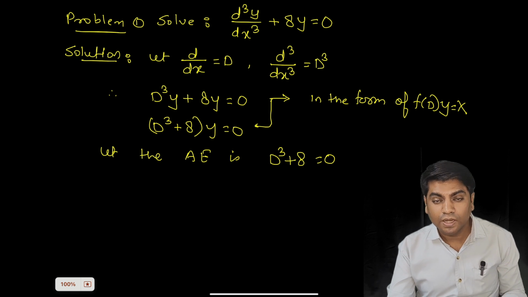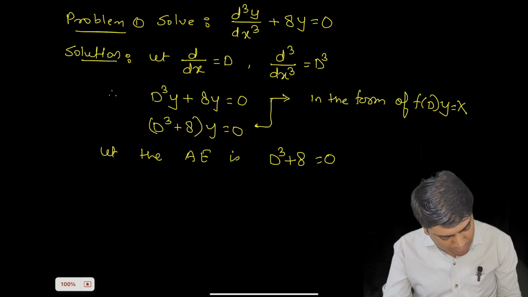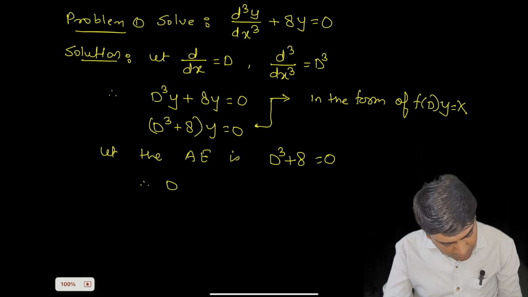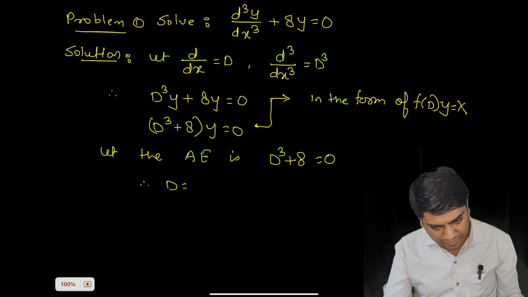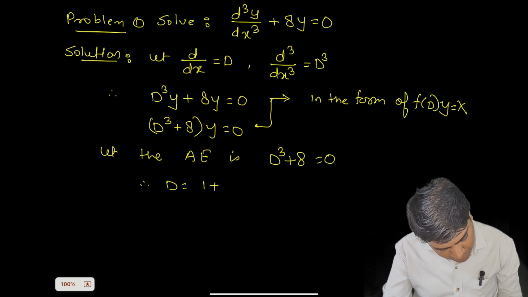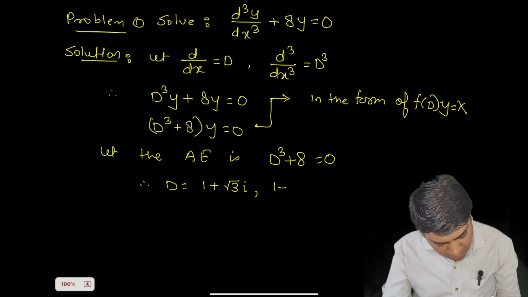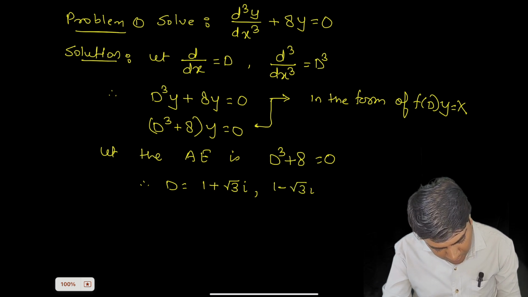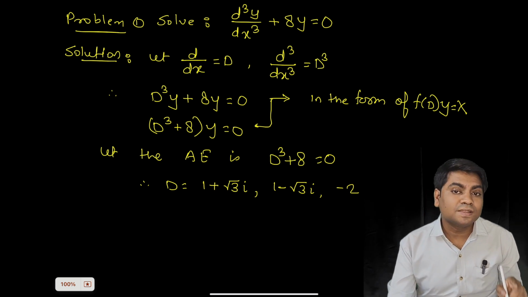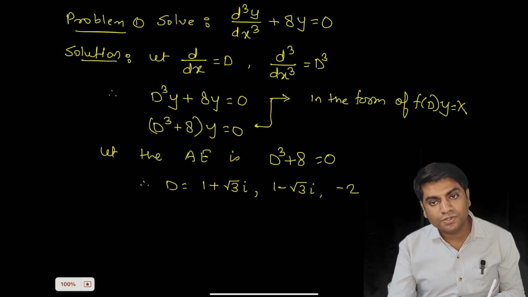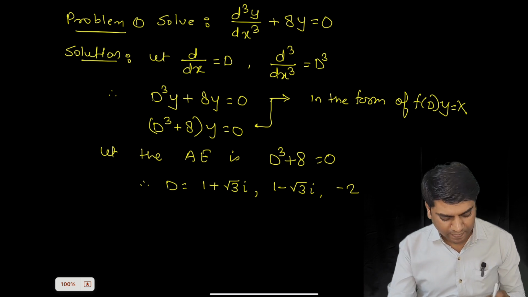First root is minus 2 and 2 roots will come in the form of complex. So therefore D is equal to, first I am going to write the complex part: 1 plus root 3i, second 1 minus root 3i and third minus 2. Okay, so it has 3 roots. First root is 1 plus root 3i, second root 1 minus root 3i and third root minus 2.